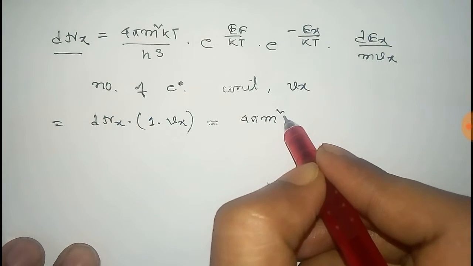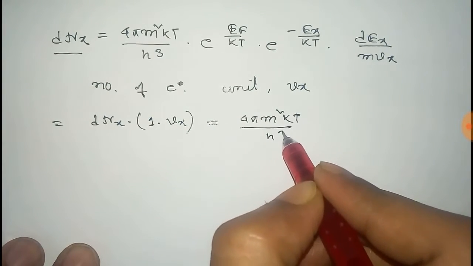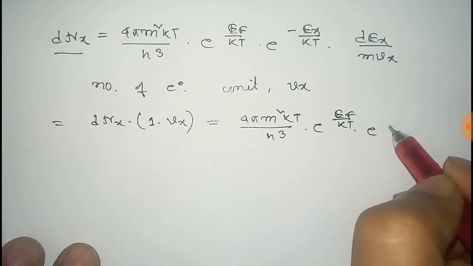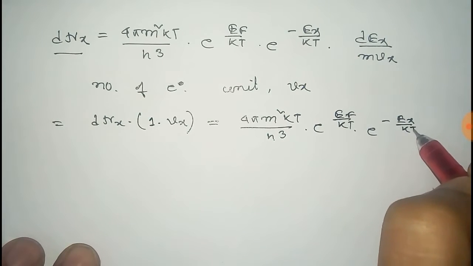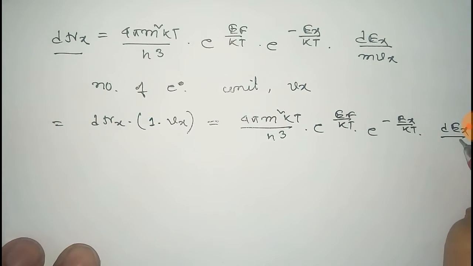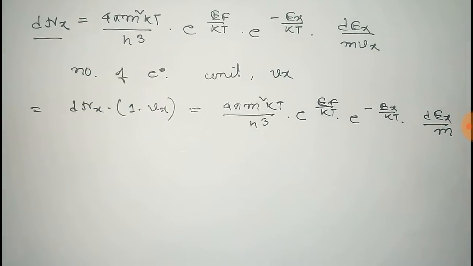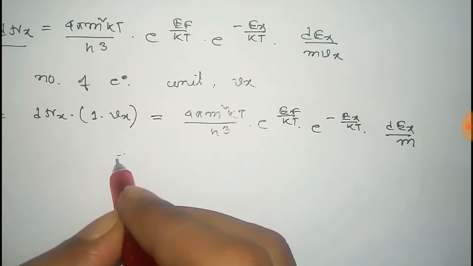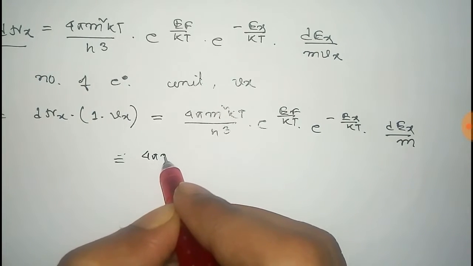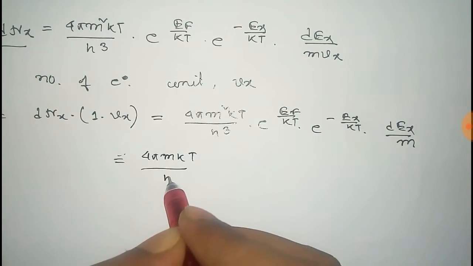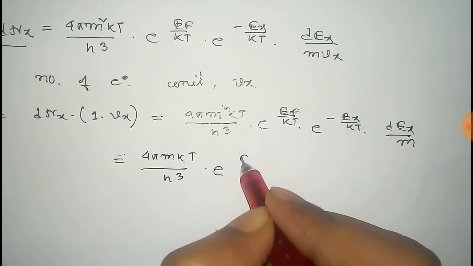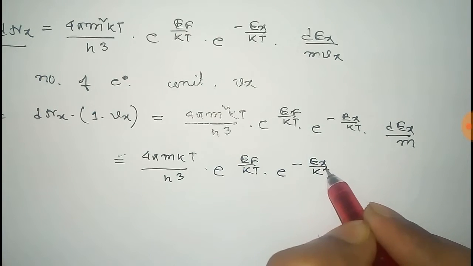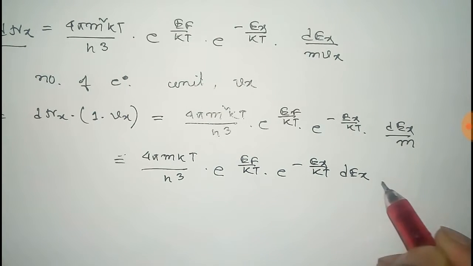So we get 4 pi m square kT by h cube into e to the power Ef by kT into e to the power minus Ex by kT into dEx by m, which equals 4 pi m kT by h cube e to the power Ef by kT into e to the power minus Ex by kT into dEx.